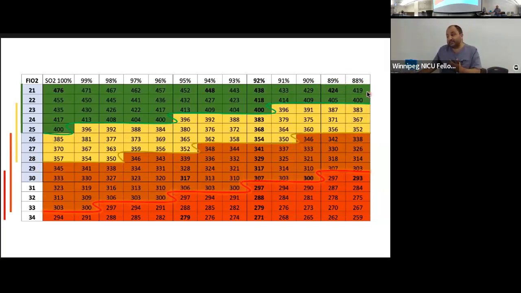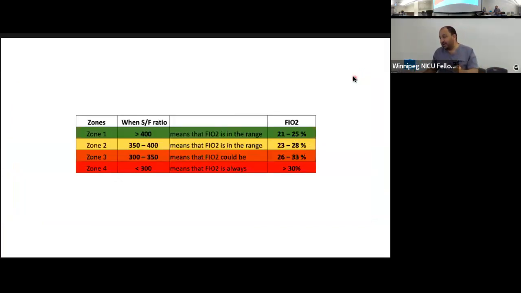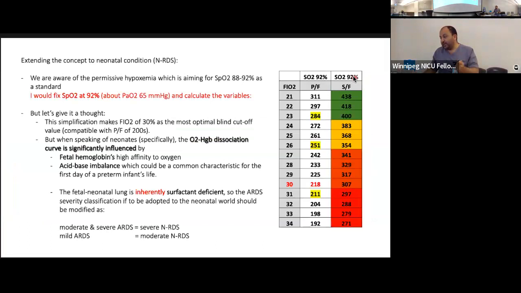I don't accept saturation of 88% for that decision per se. I don't want to go in depth into this, but I want to emphasize that to calculate the SF ratio, I would like to rely on a saturation above 90%. I would suggest 92% as a good number.